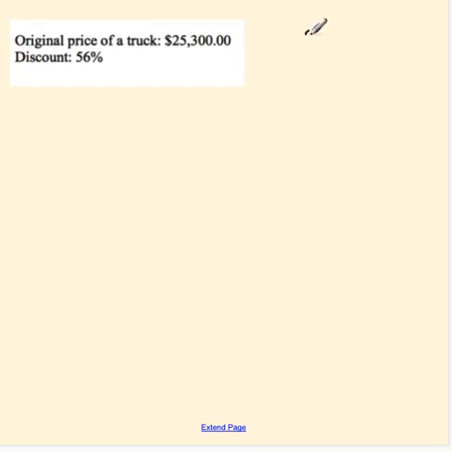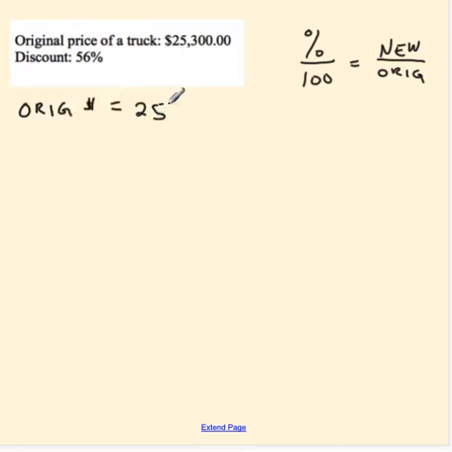So again, the same rule, percent over 100 equals new over the original. So, okay, the original price in dollars is $25,300. And the original percent, the original eraser, whoosh. That's why we do math in pencil, my friends.